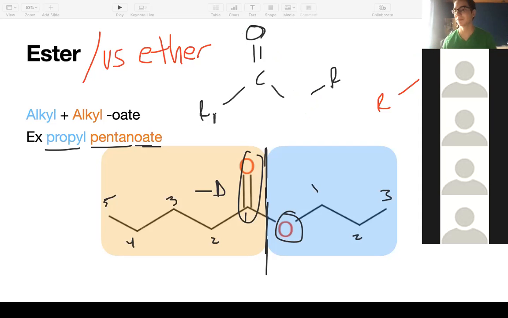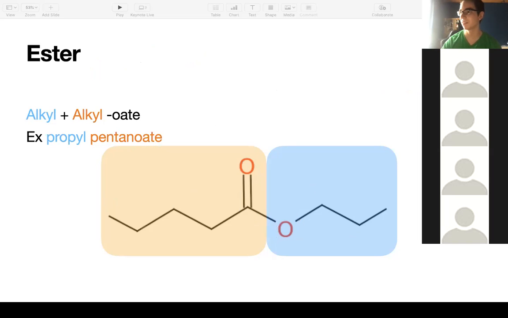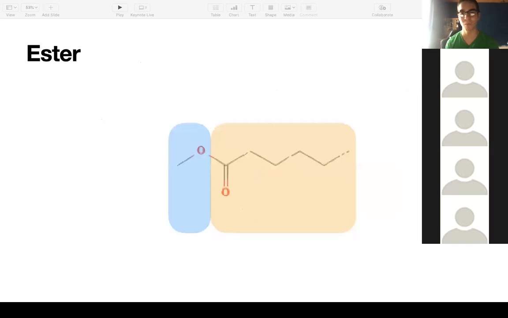So yeah, let us go to the next functional group. I think I have a practice. So let's try naming this one. I color coded it for you guys so it follows the rules of the previous one.